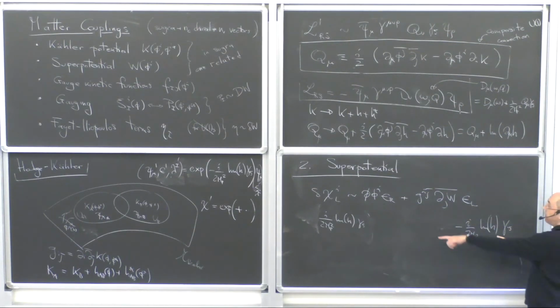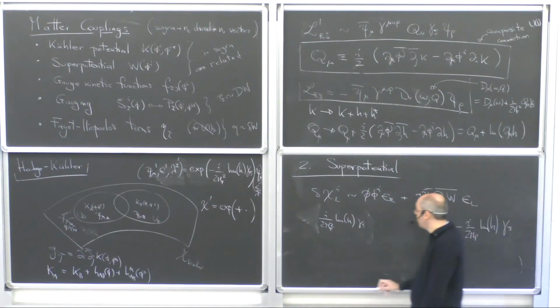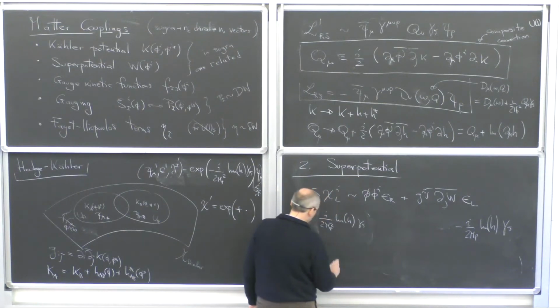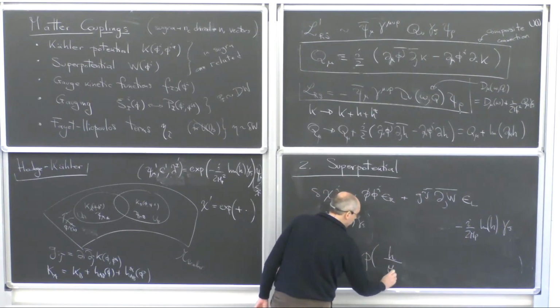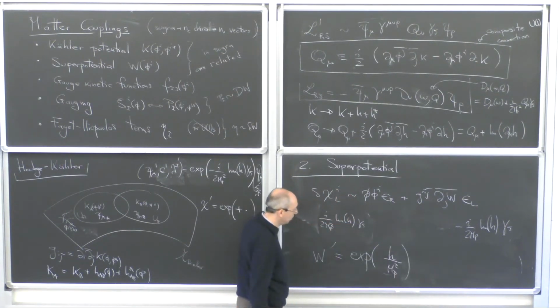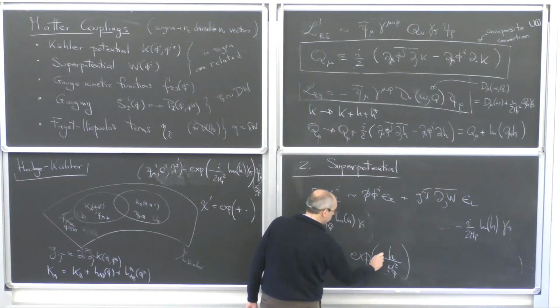And how can I make the two match? I need W to transform. But now W is a holomorphic function, so W cannot transform with the imaginary part of H. I can assume, of course, that W transforms by some exponential of h with some coefficient here.